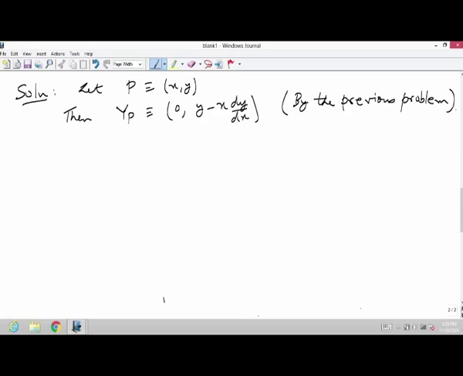Now, what is given is the length P Y_P is equal to 1.